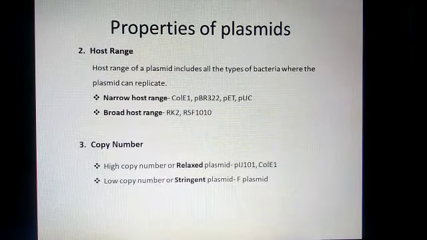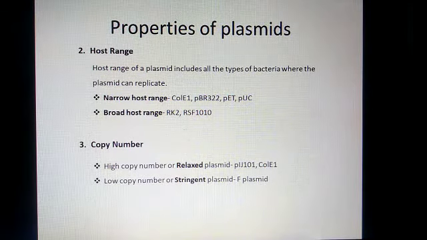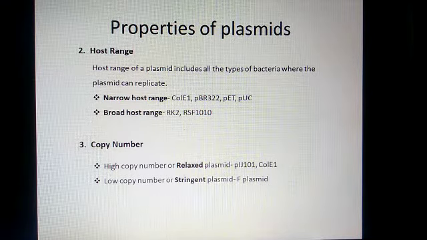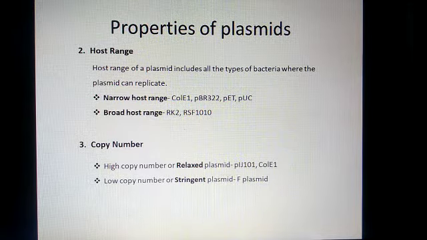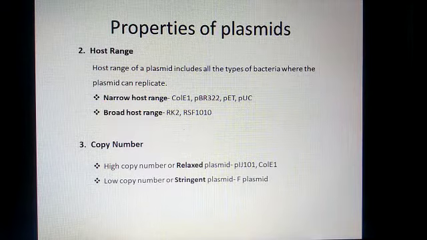The host range of a plasmid is another property. It includes all the types of bacteria in which the plasmid can replicate, and it is usually determined by the ori region. Some plasmids such as ColE1, pBR322, pUC, and pET have a narrow host range.